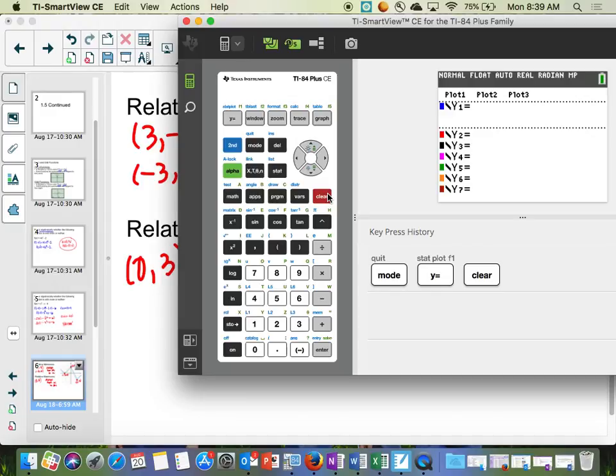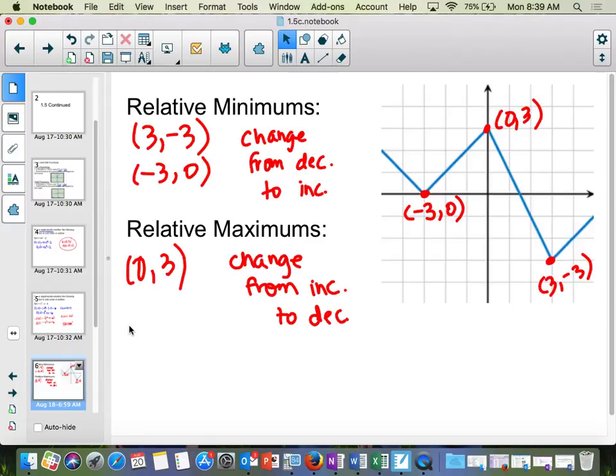If those are highlighted, you cannot graph. Does anybody have theirs highlighted, like they're black? Okay, then arrow up and hit enter so the highlight comes off. If your plots are on, you cannot graph. Okay. Are you guys excited? No? What?